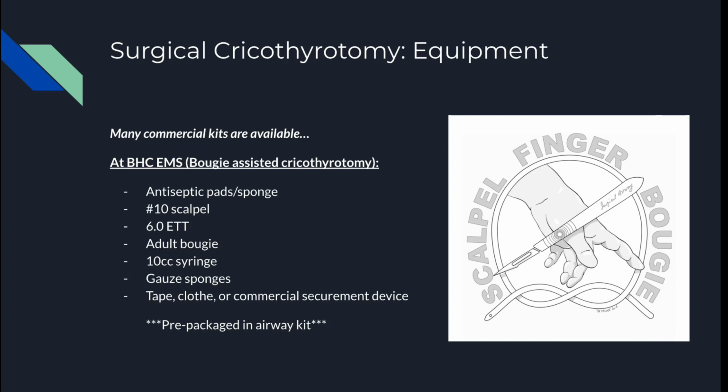Now, this is more or less the most accepted method for cricothyrotomy in the pre-hospital environment, and the reason for this is because it really takes a lot of these standard pieces of equipment and, I don't want to say repurposes them, but makes things easier because they're more easily available, they're widely available. There doesn't have to necessarily be a designated kit. As long as you have a scalpel, you should have the type of equipment that you need to accomplish the task.